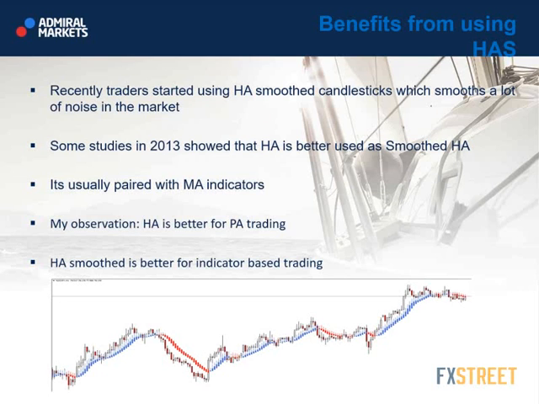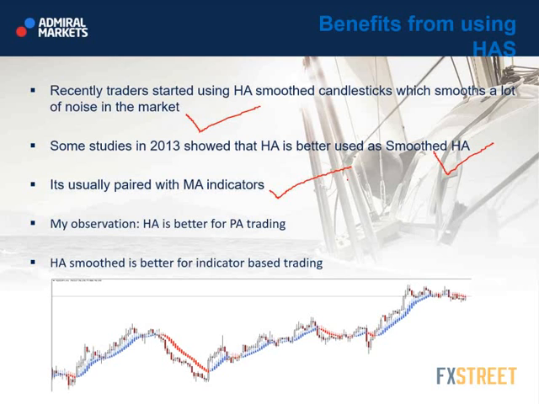Recently, traders started using Heiken Ashi smoothed candlesticks, which smooth a lot of noise in the market, as indicator-based systems. Some studies in 2013 showed that Heiken Ashi is better used as smoothed. Indeed, in Heiken Ashi smoothed indicator-based systems, it's usually paired with moving average indicators.